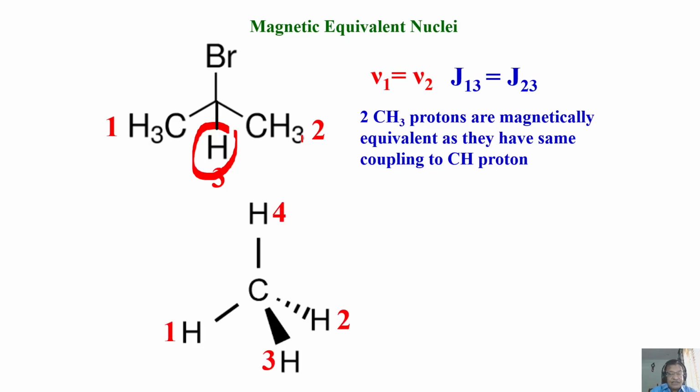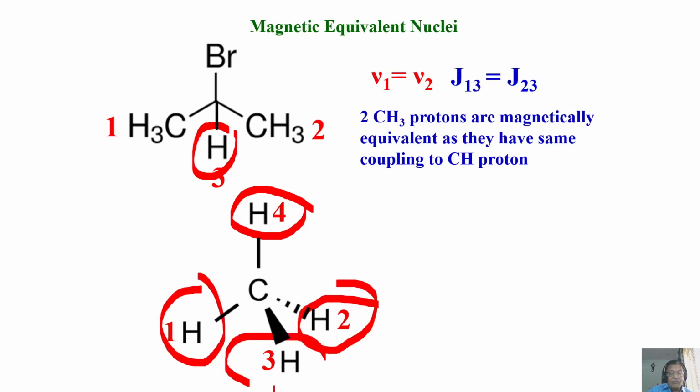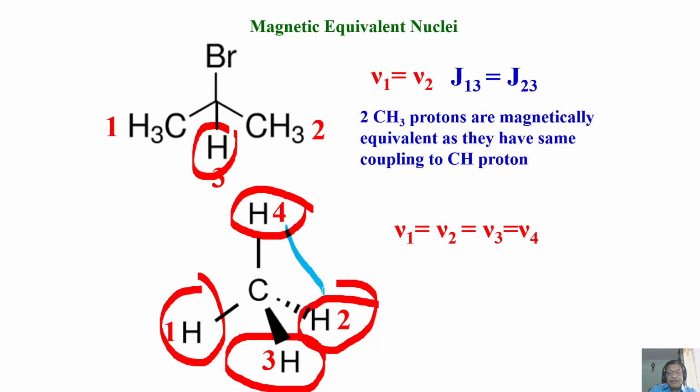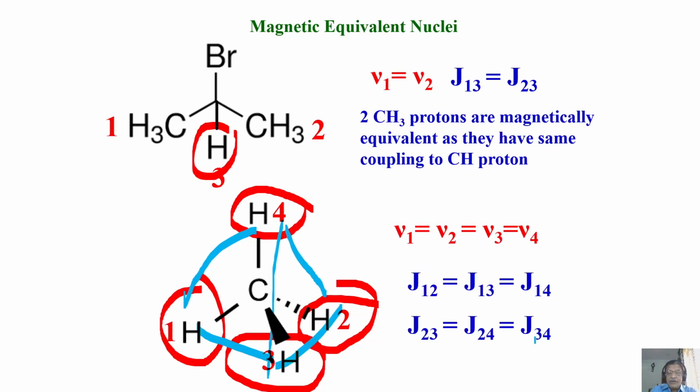Look at this one. This is a fantastic molecule. It's methane. Now take any proton of your interest. All four protons have the same chemical shift. See, nu 1 is equal to nu 2 is equal to nu 3 is equal to nu 4. That is a very interesting thing. Now what about the J coupling between this and this, between this and this, and between this and this? Take all the possible couplings here. Look at this.